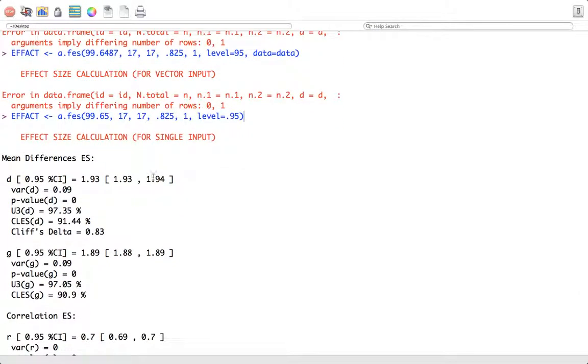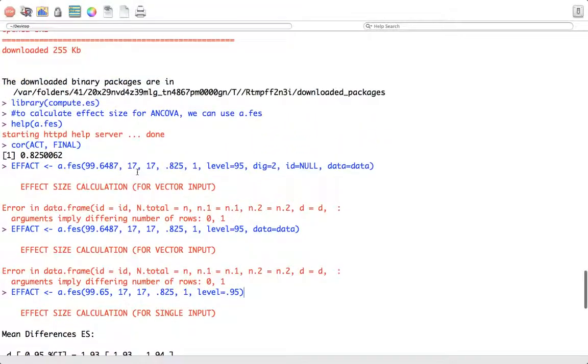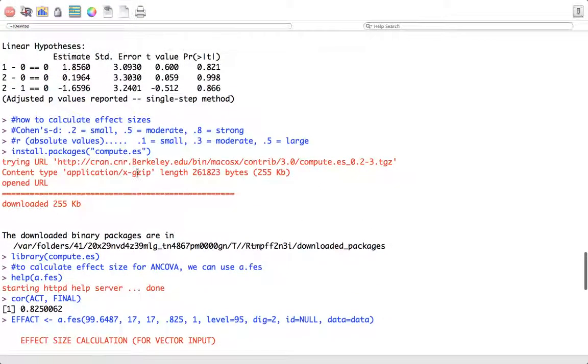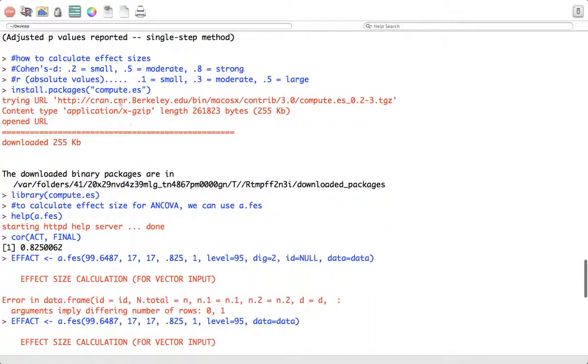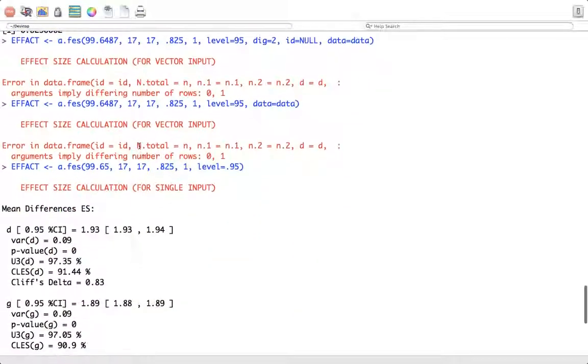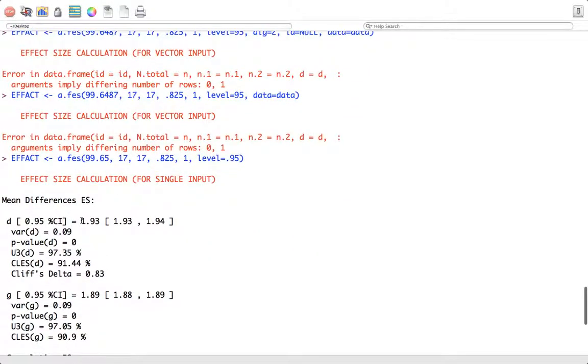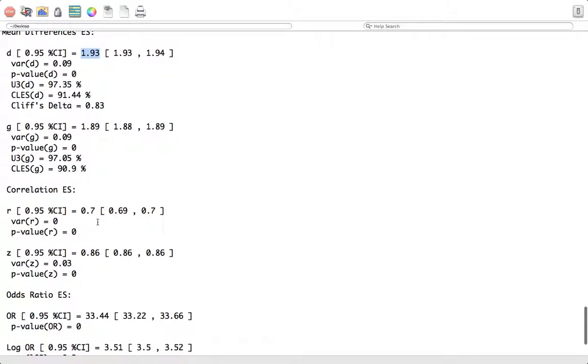Okay. So as I told you up here, we look for d and r. Right back here. Remember Cohen's d and r. So if we look at d, we have 1.93, which is a very, very strong effect. And if we come on down, it probably gives r as 0.7.